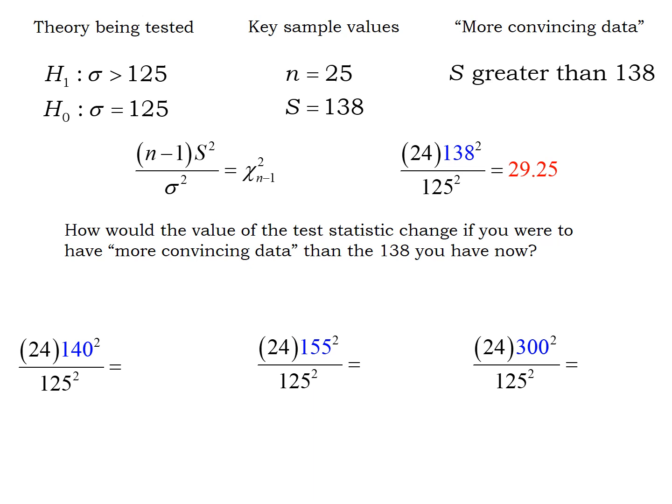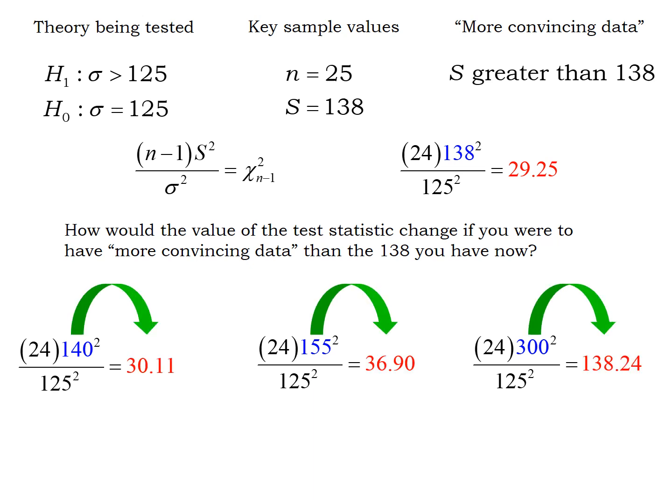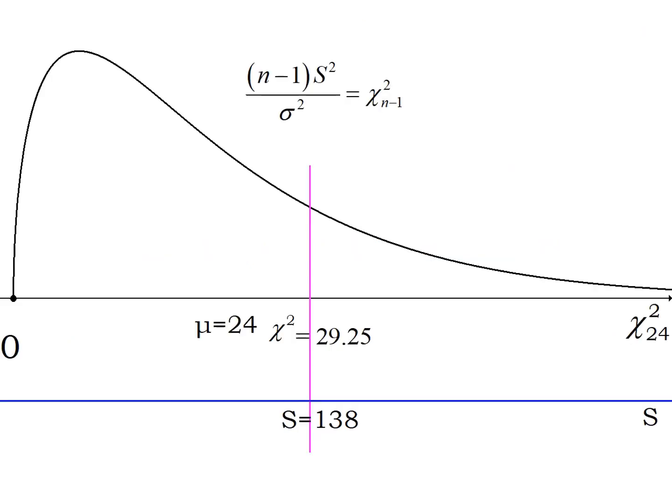So what is happening here as our sample values of S are increasing? What is the impact on the test statistic? Well, you'll notice the bigger S gets, the bigger the chi-squared scores get. Okay, so more convincing data in this case with this equation translates to larger chi-squared scores.